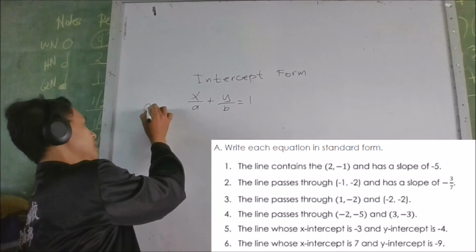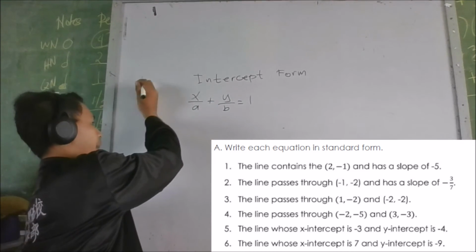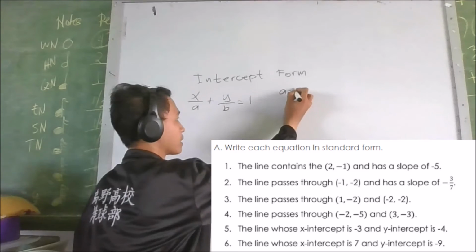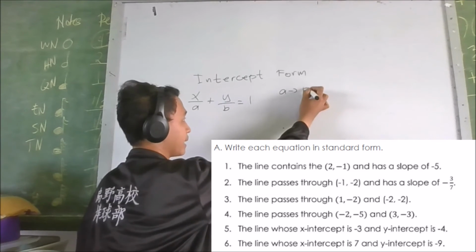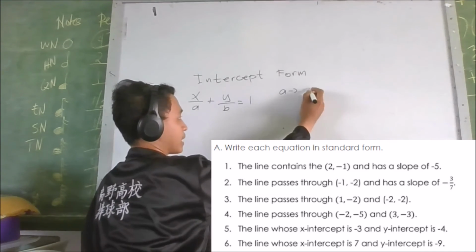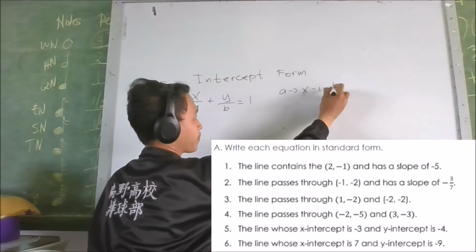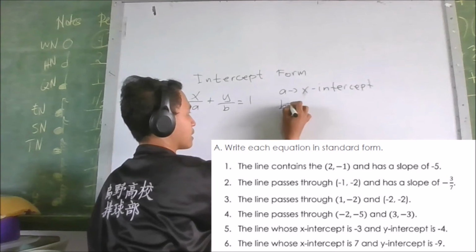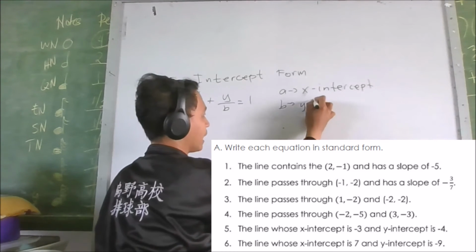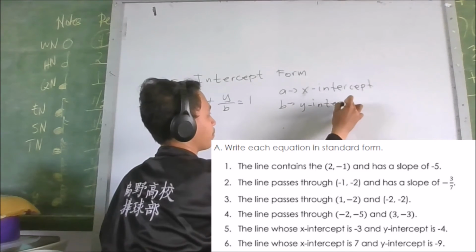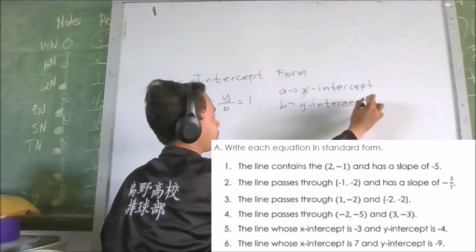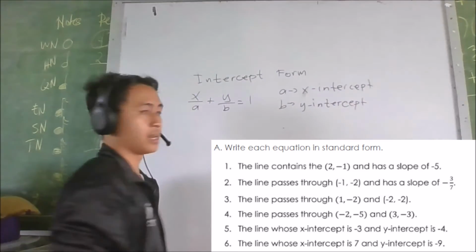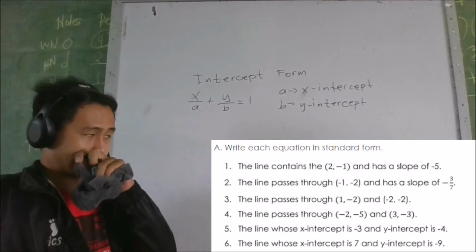Wherein yung A natin dyan, A stands for the x-intercept, and B stands for the y-intercept. Okay? So, yan yung mga given natin sa formula.